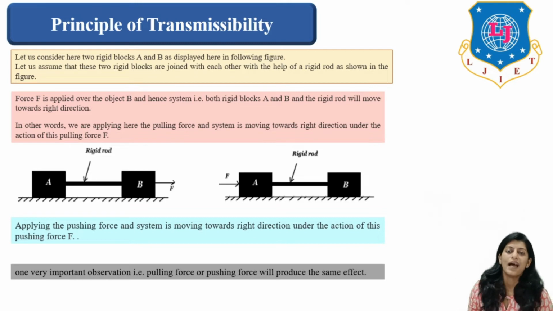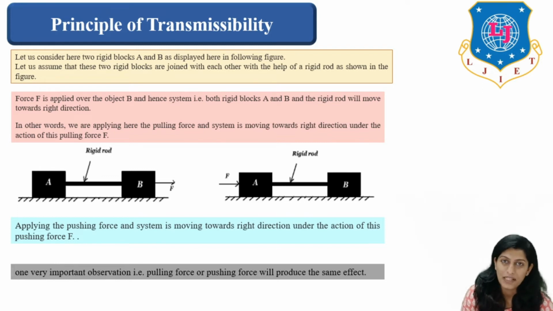Right. So now, what is our consideration over here? We have two rigid bodies, body A and body B, and both the bodies are connected with each other using a rigid rod, and that rod is also made up of a rigid material. If we recall, we have already covered rigid bodies.